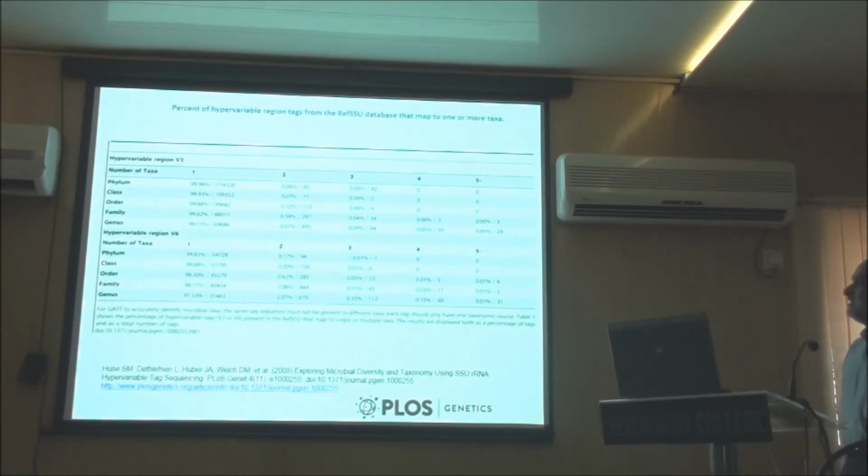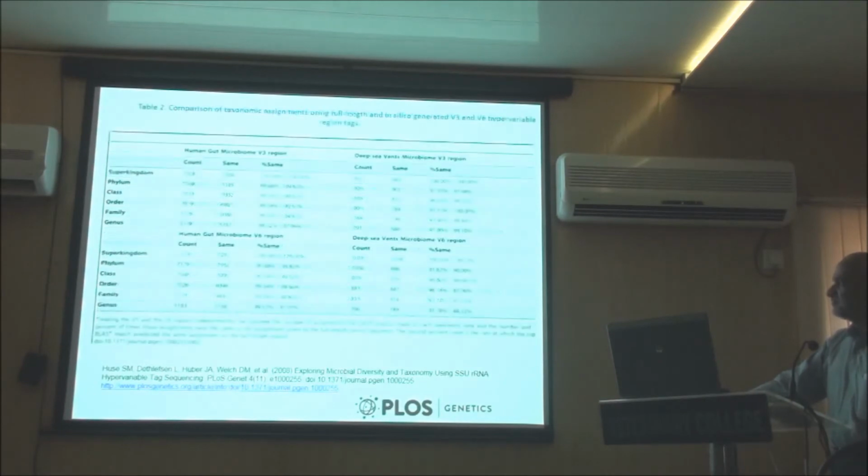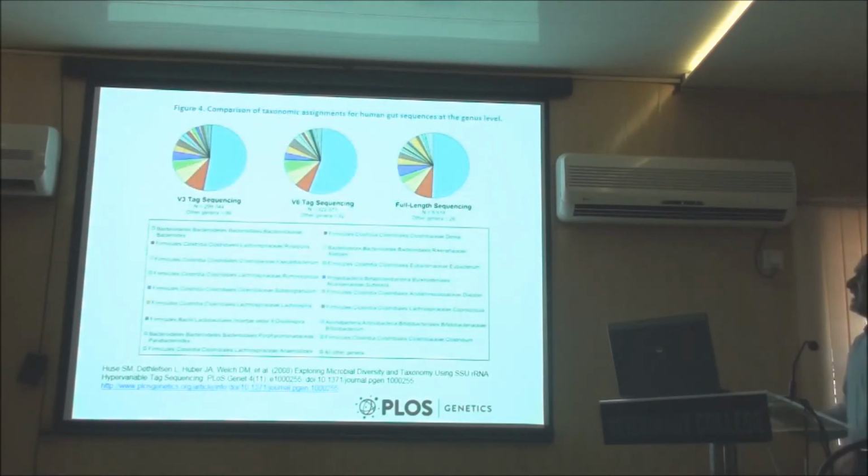So again it looks here that the V3 region performs better than the V6 region. So both studies have a common observation that V3 performs better than V6 in taxonomic affiliation.